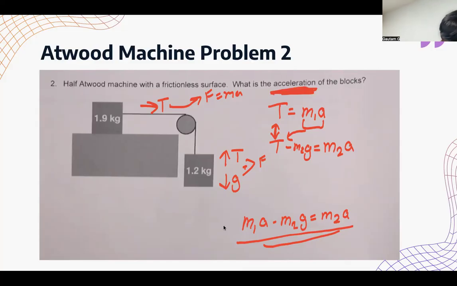So what I'm gonna do here is I'm gonna add m2g, and then minus, I'm gonna put that here. We have this, and then we're just gonna minus m2a from each side because we want all the acceleration on one side.